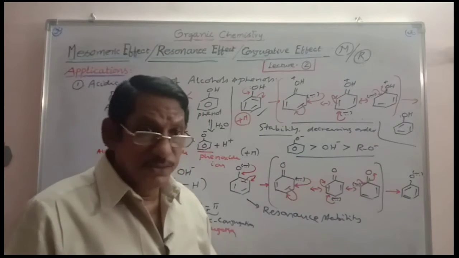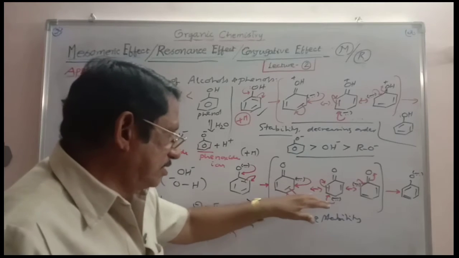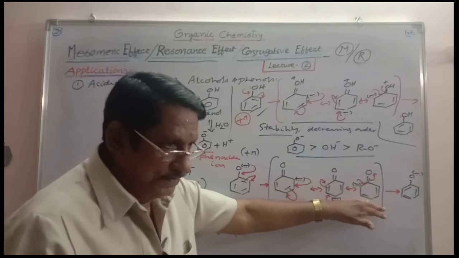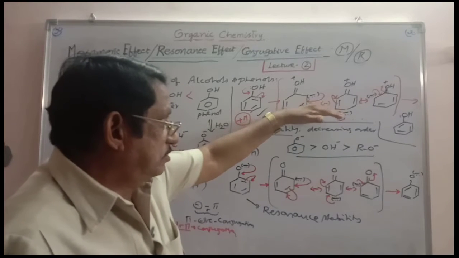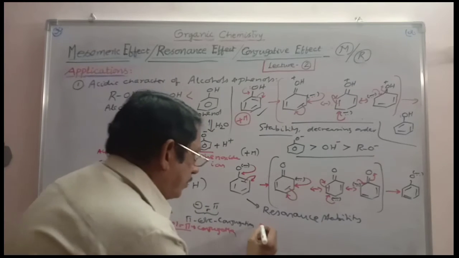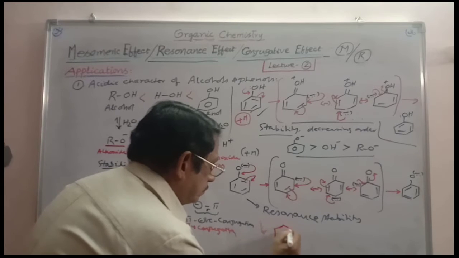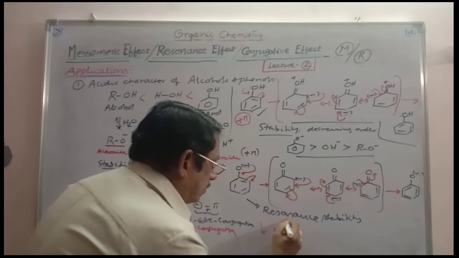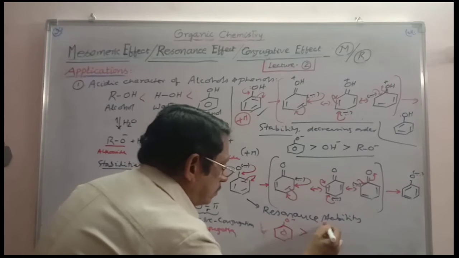There is no charge separation. And that is why the resonance forms of phenoxide ion are more stable than the resonance forms of phenol. And that is why phenoxide ion is more stable than phenol.